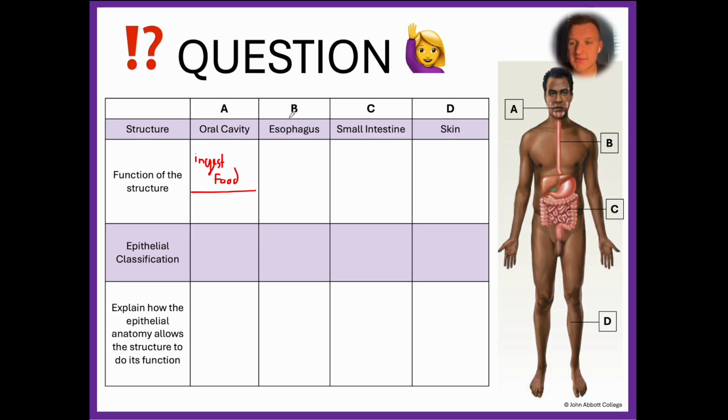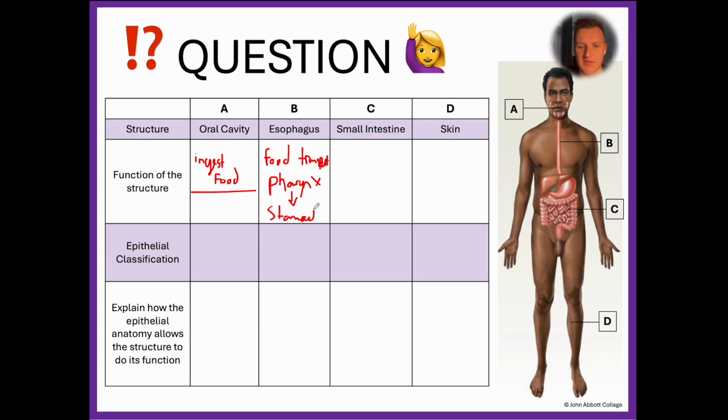The esophagus, this is like a recall of the first lecture. The main function of the esophagus is to carry food down from the pharynx into the stomach. So food transport, from the pharynx to the stomach, right?